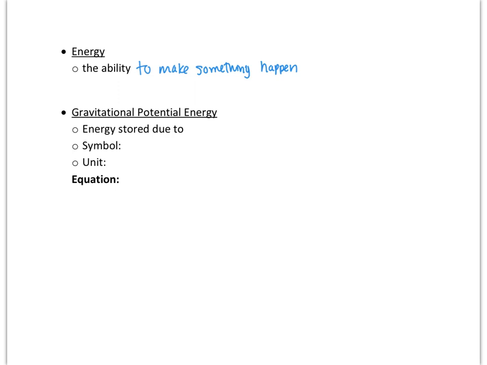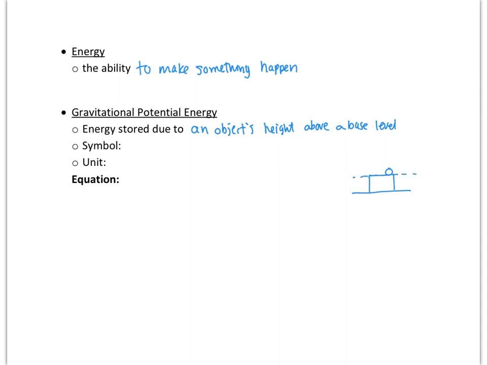The first is gravitational potential energy, and this is energy stored due to an object's height above a base level. So what do I mean by that? The base level is something that you set. Let's say we're looking at a table on the floor and there's a ball on the table.